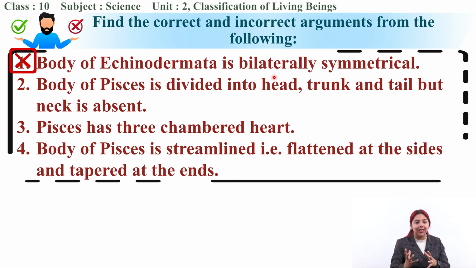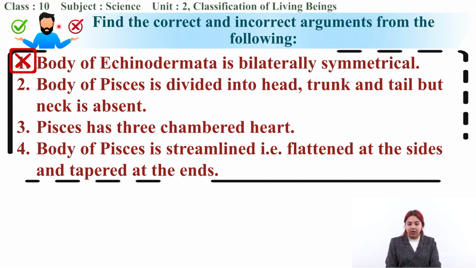Because we studied that Echinodermata has this special kind of radial symmetry, that is pentaradial symmetry. So the body can be divided into two equal parts by 5 radial lines. So they have pentaradial symmetry, but they do not have bilateral symmetry. So the first argument is incorrect.